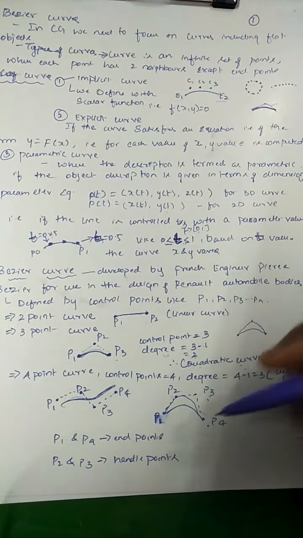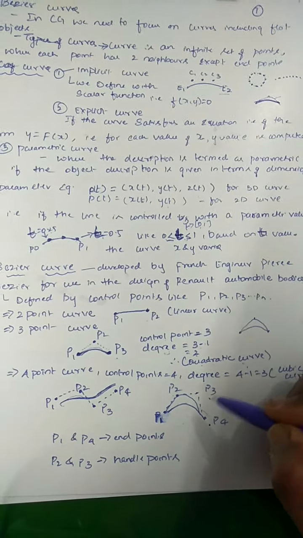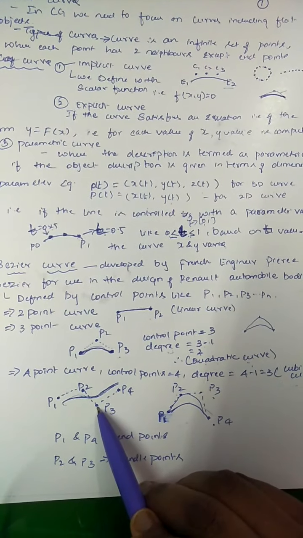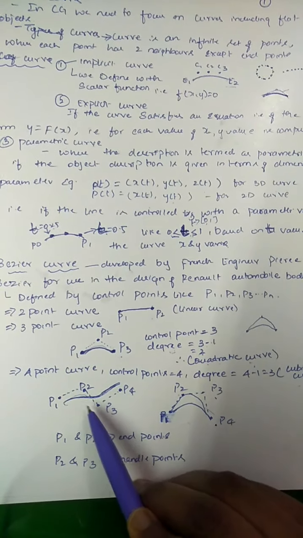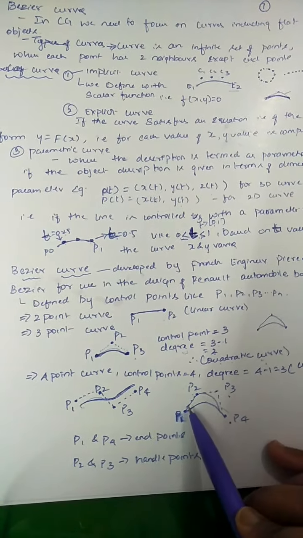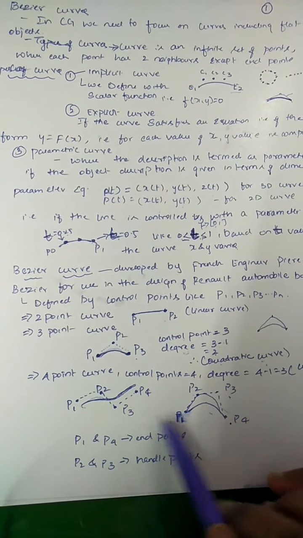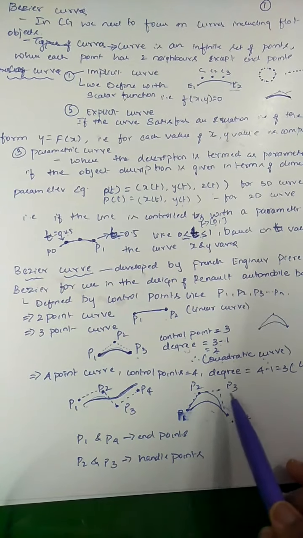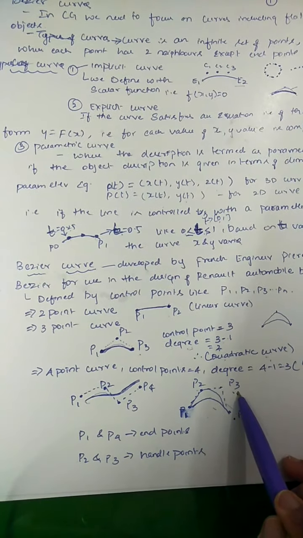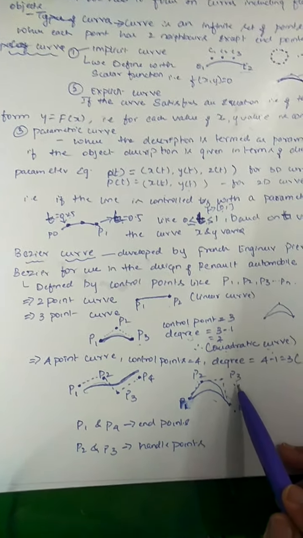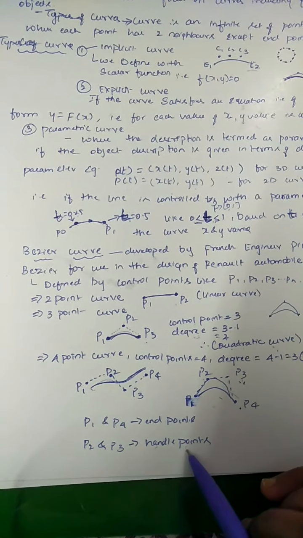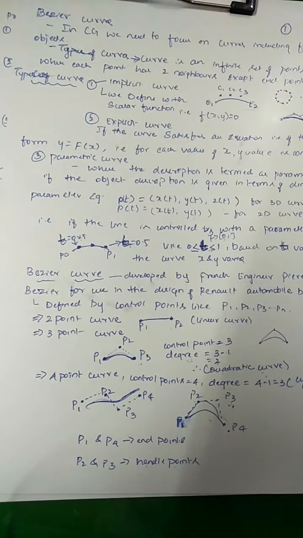Based on varying P2 or P3, can you see the P3 is fixed here, because of which the curve, rather than coming down, has moved up. So the shape of the curve is changed based on the position of P3. The curve shape is handled by this, so we call P2 and P3 handle points.